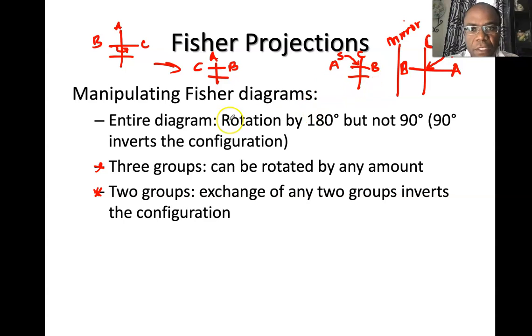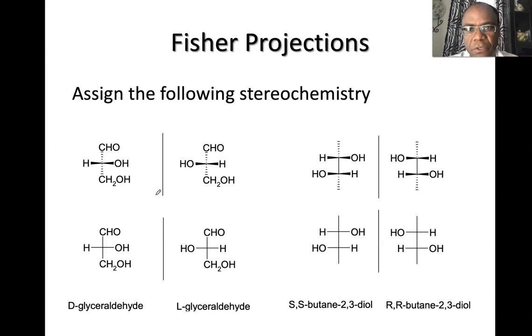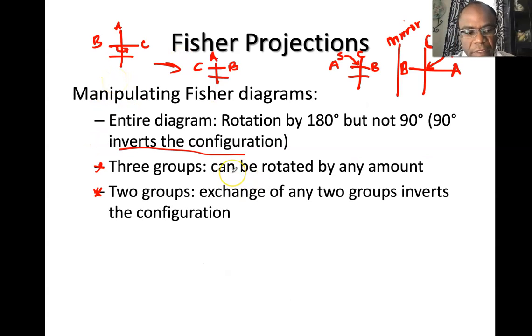So finding the mirror image of the original will invert the configuration. Now let's explain this with examples, because this is too complex if we don't use them. So let's assign chirality and see. Let's use specific examples to explain this slide.